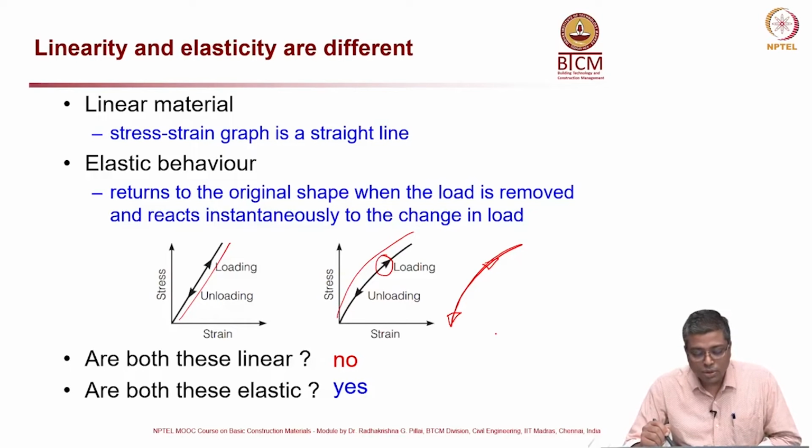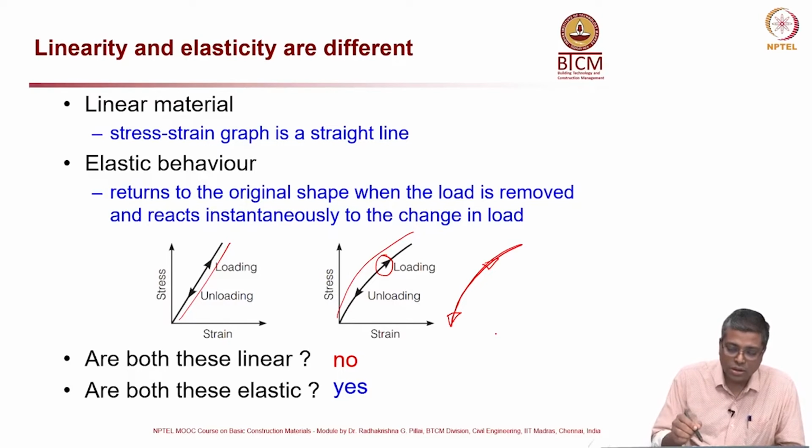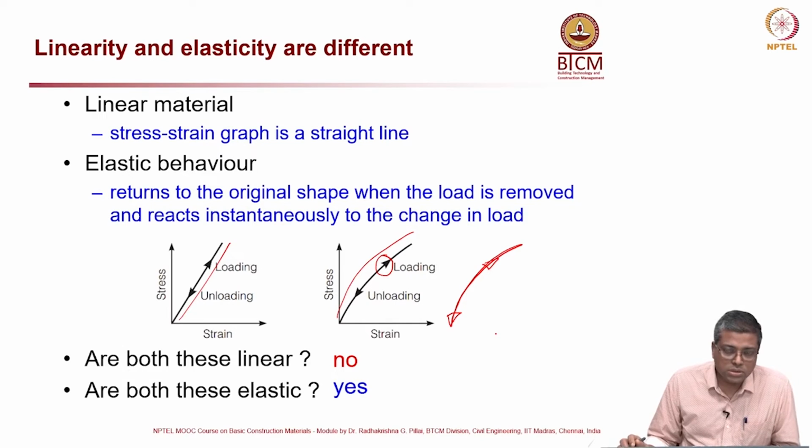In other words, it retains its original shape, or comes back to its original point when the load is removed. There is no permanent strain during the loading and unloading process. If that is the case, then we can say it is elastic.